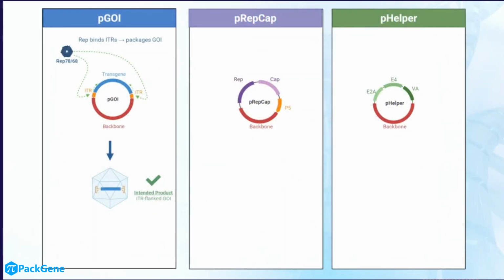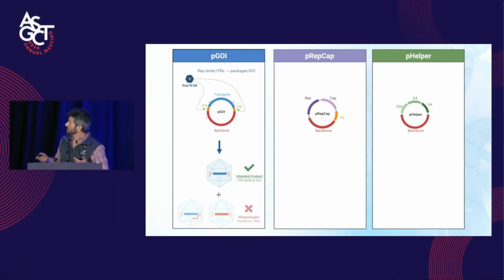So how does an origin of replication sequence end up encapsulated? Back to the basics, which I'm sure everyone here knows, just the 3 plasmid system. The rep complex recognizes the ITRs and therefore encapsulates the transgene. However, we know that the rep complex is not infallible. It can read through the transgene and then package some of the backbone DNA.